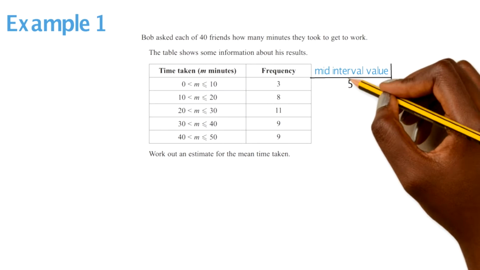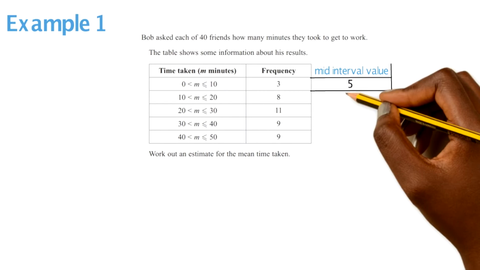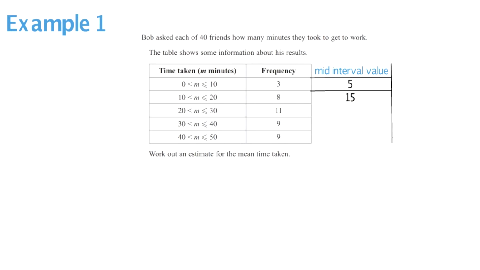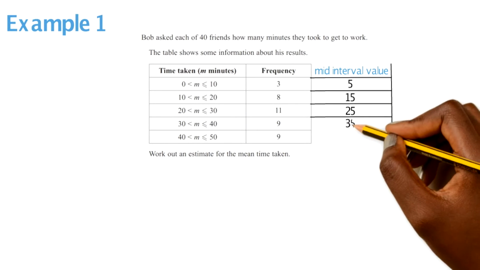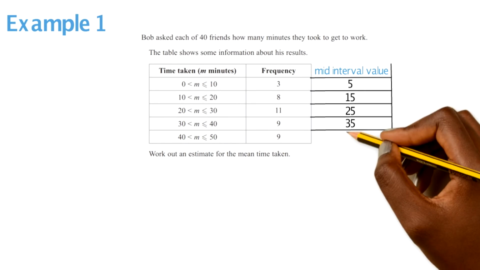So the middle value between 0 and 10 is 5. Work out the middle value from 10 to 20, which is 15, and you're going to do that for each of the ranges of values in each row. And then the last one between 40 to 50 is going to be 45.